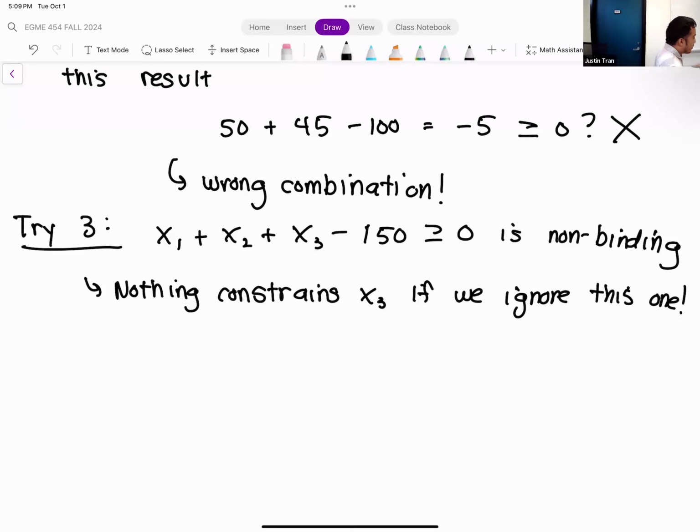So x3 can kind of be whatever it wants, if we ignore this constraint. Okay. But if you look at our objective function, we're aiming to minimize the cost, right? And what's the best value for x3 that minimizes the cost? 0, right? And so we don't incur any cost if we produce 0 refrigerators in month 3.